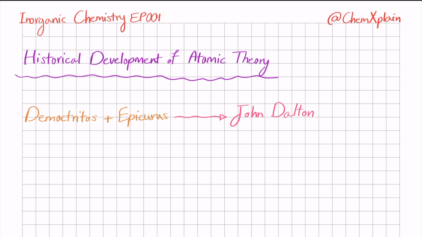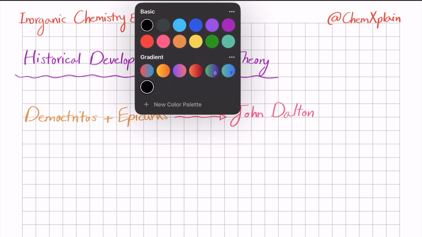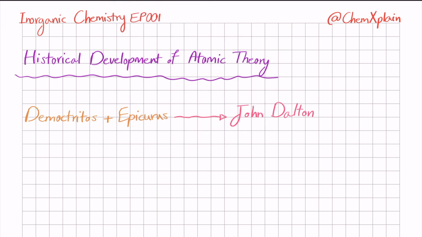We want to start with historical development of atomic theory. When you clicked on this video, you basically are familiar with some different atomic theories which have been provided by different scientists. But we want to start from the very first theories that have been provided by Democritus and Epicurus.